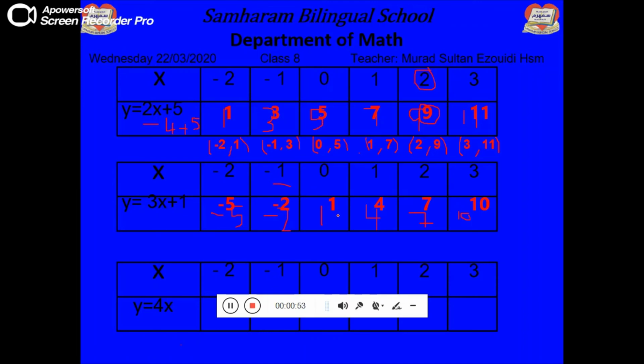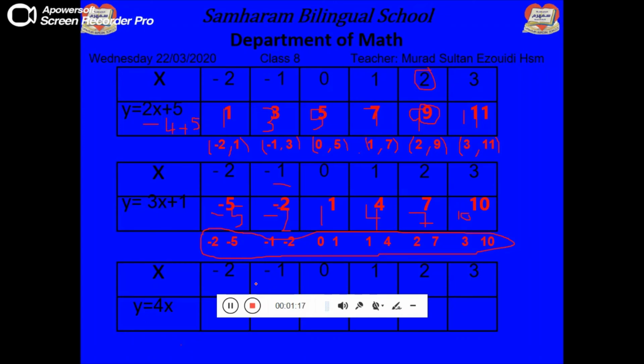When x equals 0, y equals 1. When x equals 1, y equals 4, and so on. Then, my kids, the coordinates of each point we write down on the table of values. Then move to the next example.